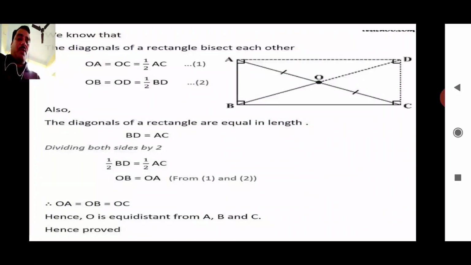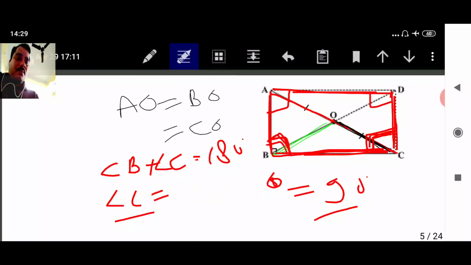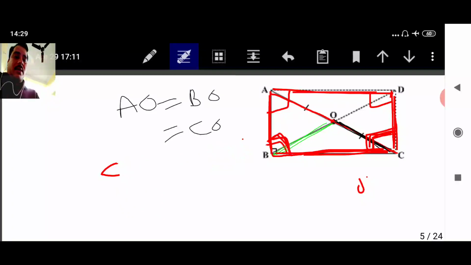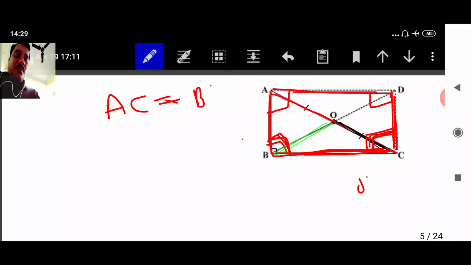And now we know that the diagonals of a rectangle are equal, which means AC equals BD.